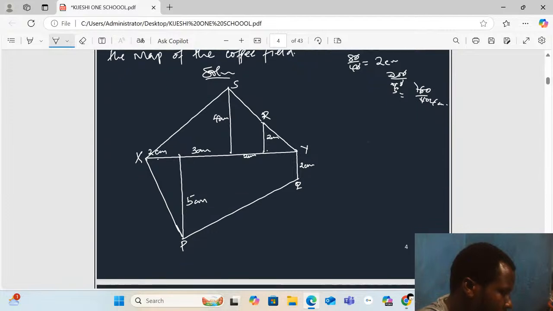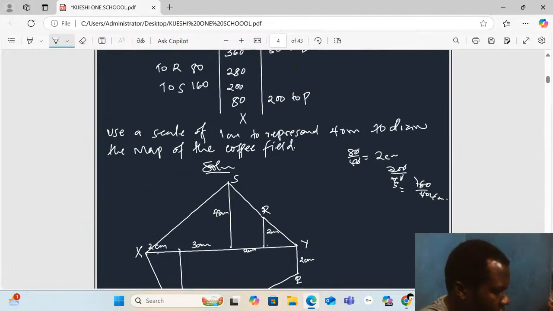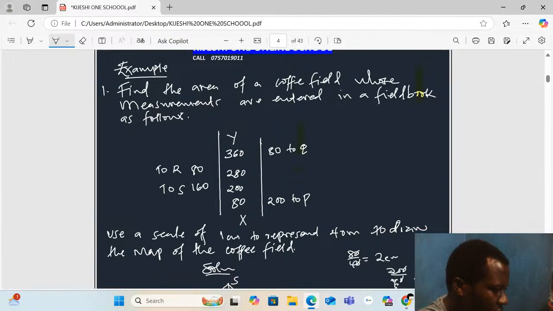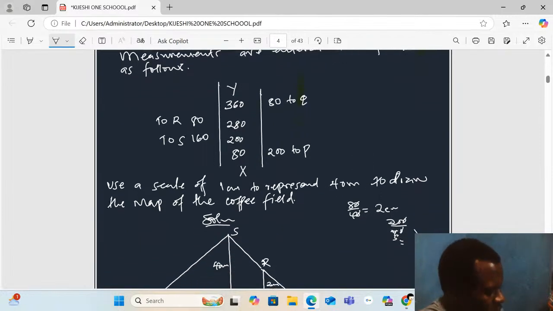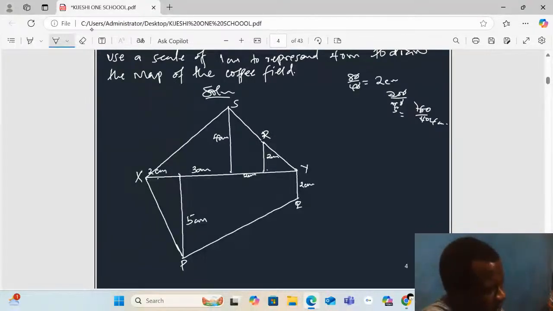Now, the question asks us to find the area. Find the area of the coffee field whose measurements are entered in a field book as follows. Now, you are supposed to use this information to calculate the area. We have different figures in our field.